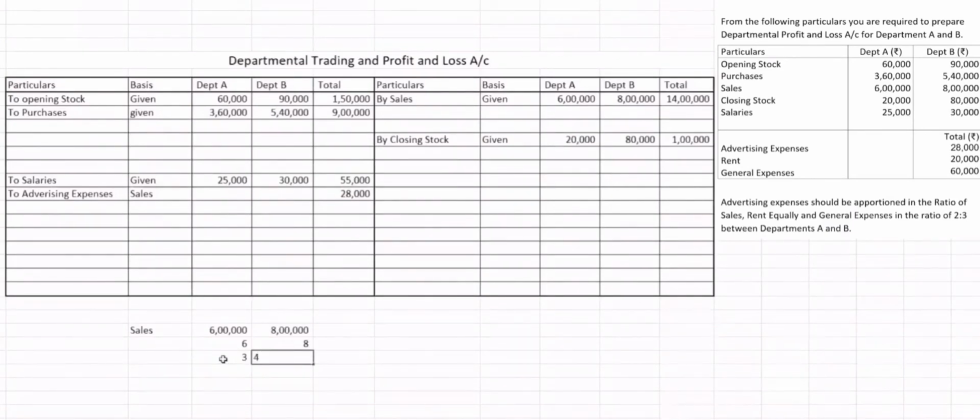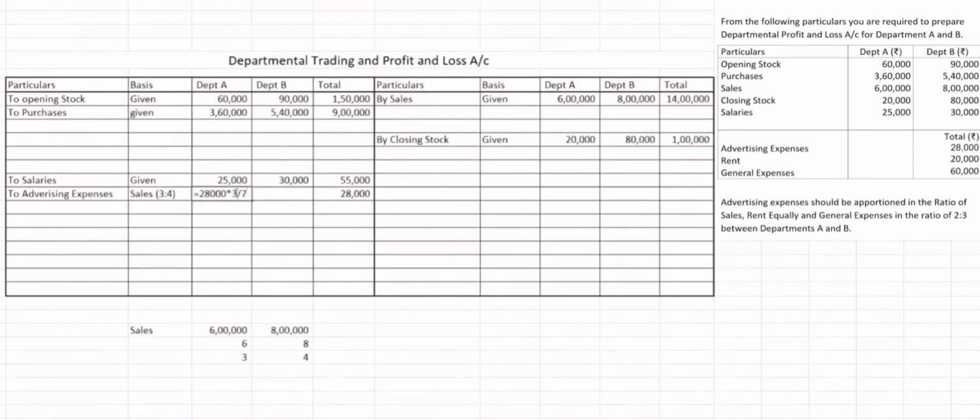So now the advertising expenses we are going to divide in the ratio of 3:4. So here in bracket, I'm putting the ratio, that is 3:4. So here I'm calculating the same, 28,000 multiplied by 3 divided by 7.